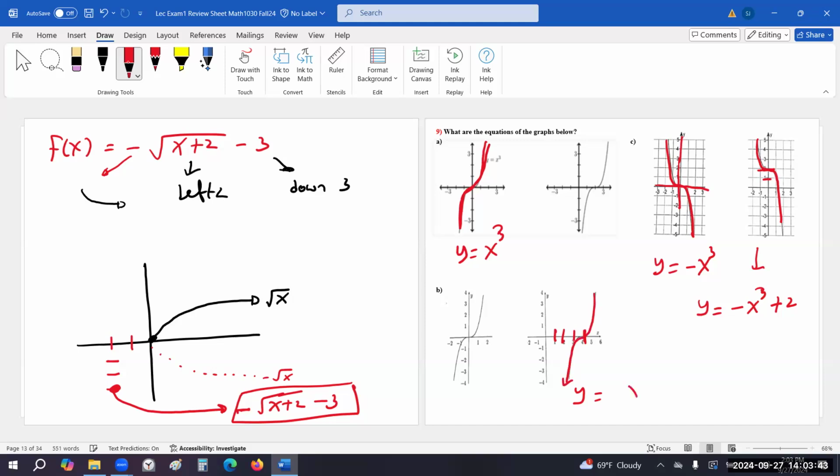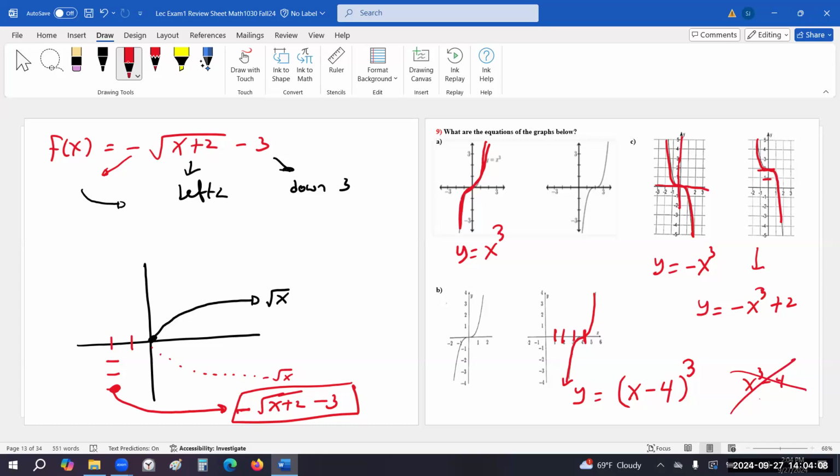X cubed plus. Almost correct. This minus 4 must be inside your cube. So x minus 4 and then the cube. If you write x cubed minus 4, it means the x cubed graph went 4 units down, which is wrong. It's the x cubed graph went 4 units to the right.